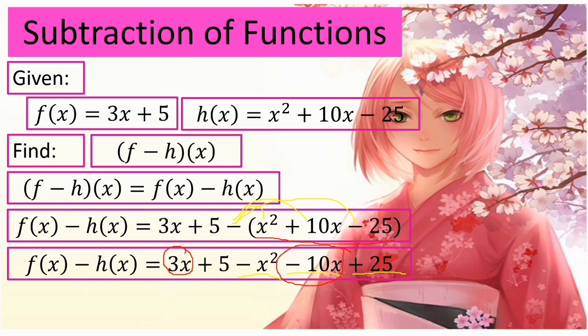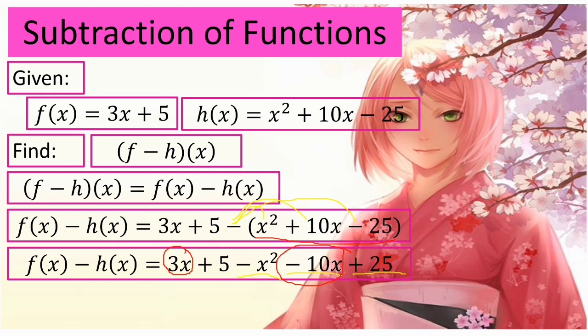Kung titingnan nyo, class, yung exponent niya, yung sa 3x natin at sa 10x, 1 kasi ang exponent nito pero hindi na natin nilalagay. Pero ang negative x squared, ang exponent niya ay 2. So, hindi siya kaparehas. Hindi porket lahat sila may x, magkakaparehas na. Kumbaga, yung negative x squared natin, naiiba, kasi nga, meron pa siyang exponent.